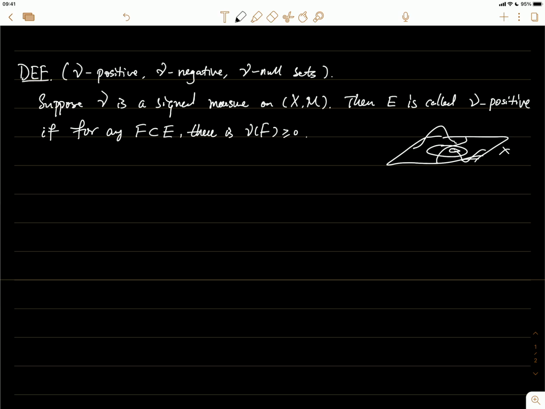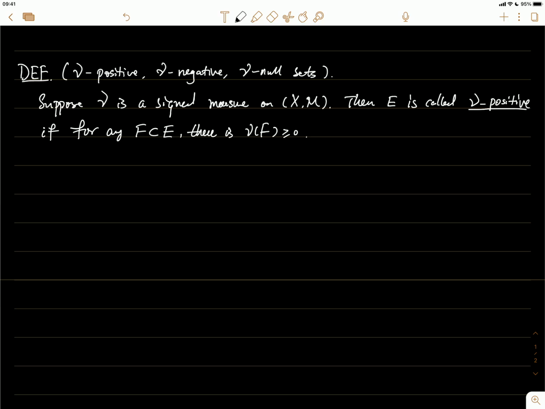In this case, this set E is not nu positive. Okay, so that's roughly the meaning of this. That's what we defined for nu positive. And similarly, we can define nu negative or nu null sets.